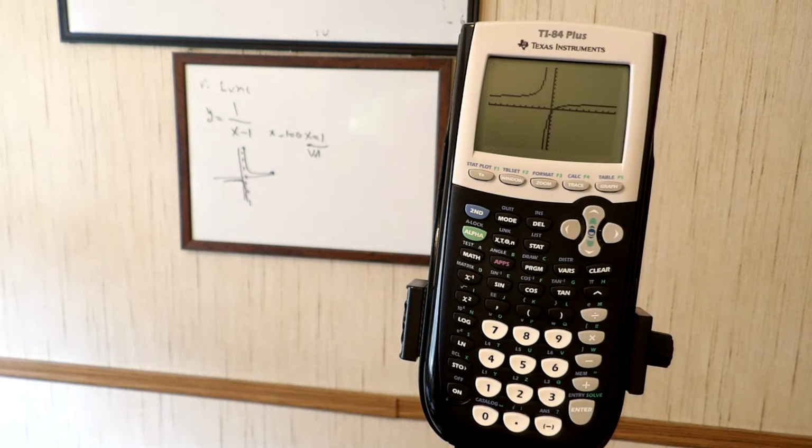If you set the numerator equal to 0, you're going to find where it intercepts.